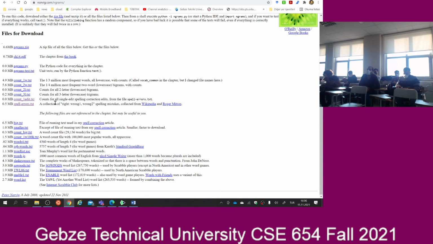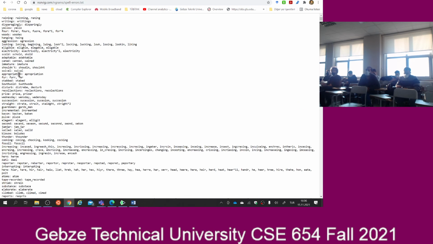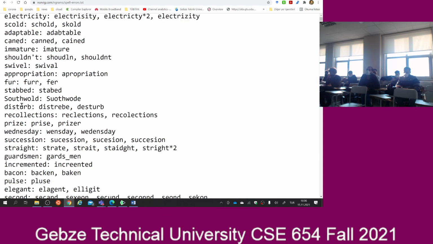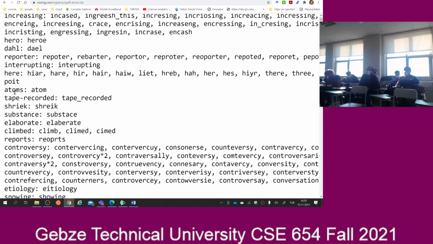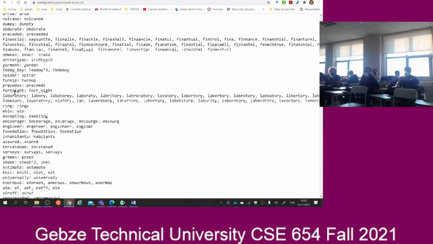Counts for all single edit spelling correction edits. Okay, and spelling errors. Half a megabyte. Corrected from Wikipedia. See, all the misspelled words from Wikipedia, and I have how many lines?